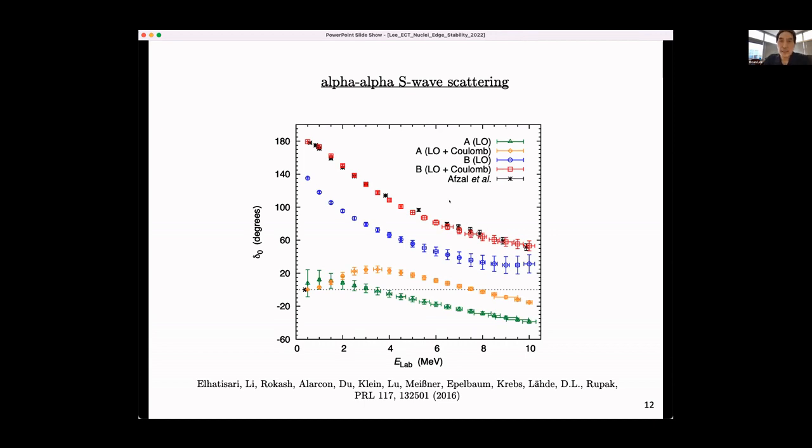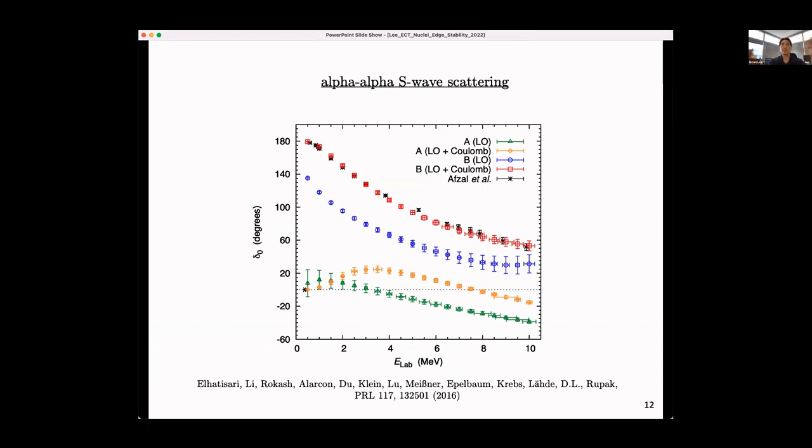So what you see is that interaction B is able to get quite a bit of attraction between the alpha and the alpha, which gives you an almost bound beryllium-8. Whereas interaction A, which had essentially the same phase shifts, and nowadays we can actually make them have exactly the same phase shifts, we can essentially make the alpha-alpha interaction negligible. In fact, it becomes repulsive at higher energies. Okay, so that tells you that the alpha-alpha interaction is not purely determined by the nucleon-nucleon phase shifts, but is determined by other features.